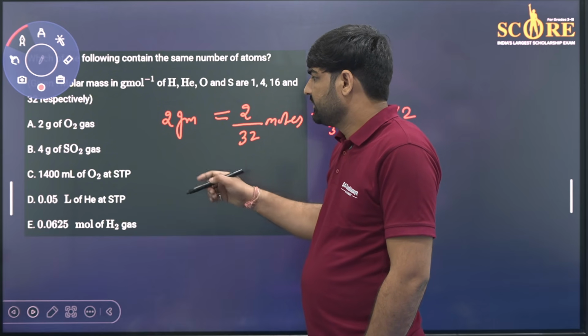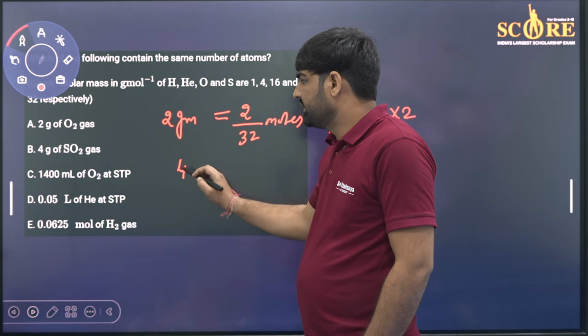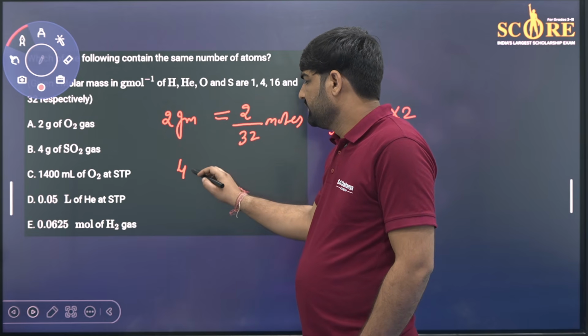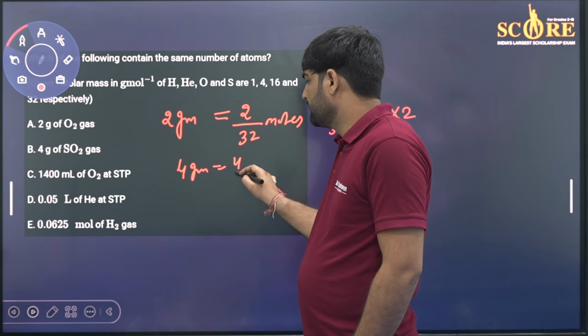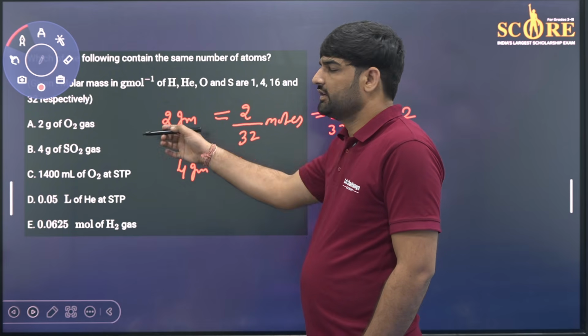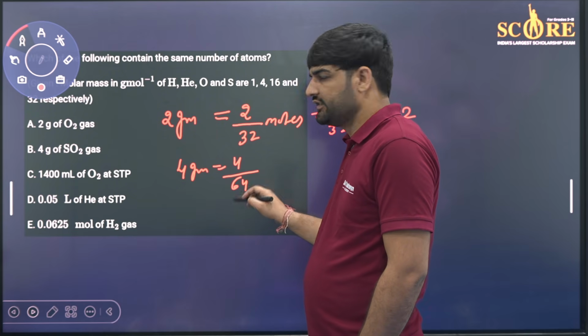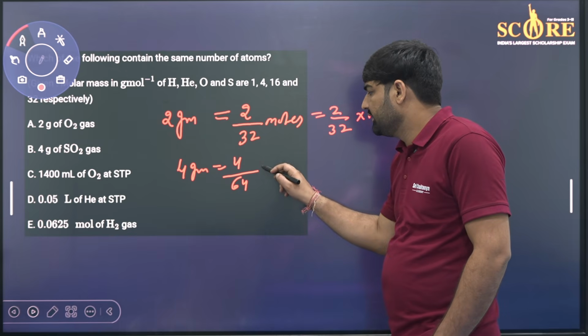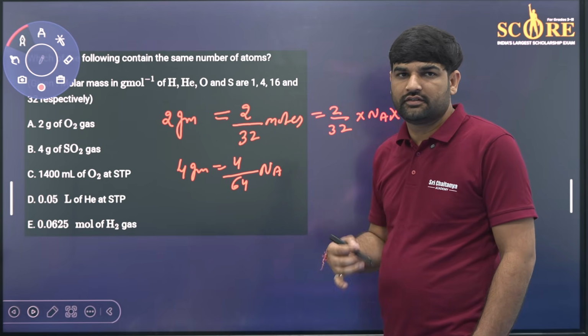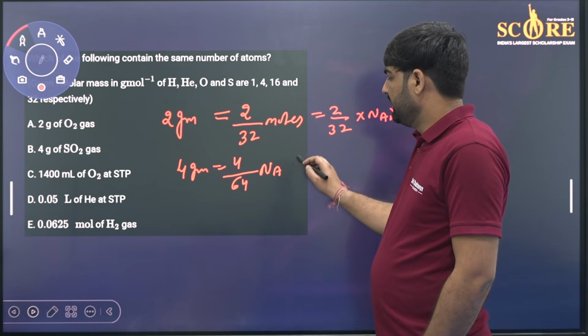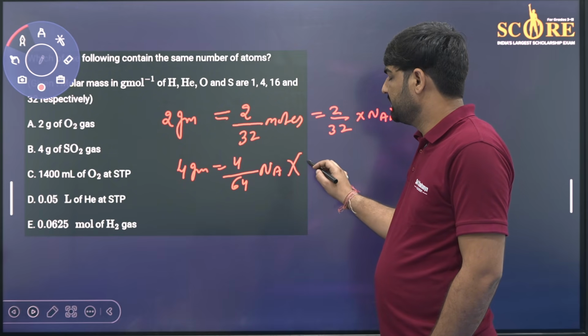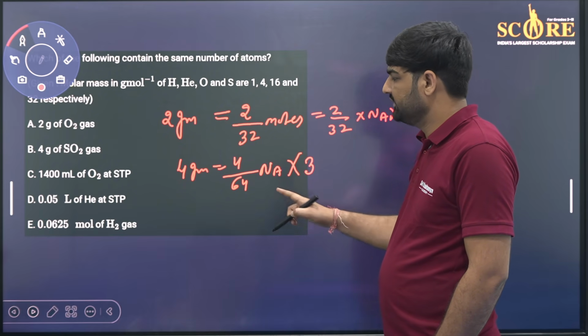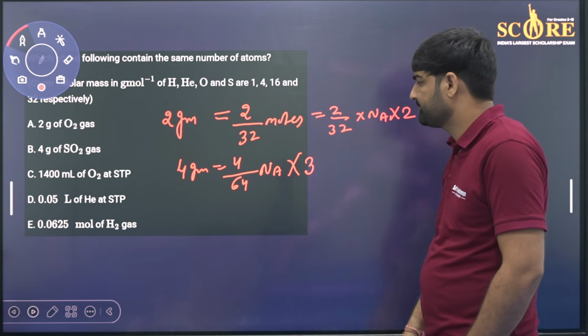Molecules of O2, and one molecule contains 2 atoms, then this will be the number of atoms of oxygen. Now for the second option, 4 gram SO2, then we can say 4 divided by molar mass of SO2, which is 64, this is moles, and if we multiply by Na, this is molecules, and one SO2 molecule contains 3 atoms, then we can say these are the number of atoms.